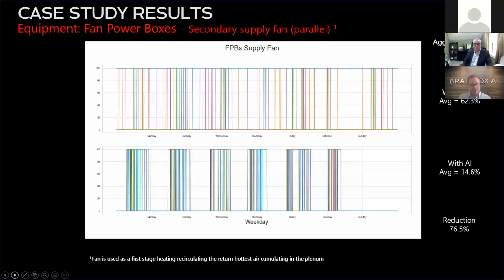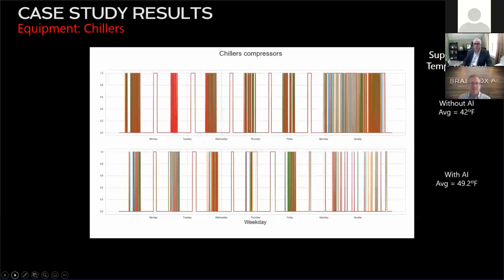If I know that they need to be 6 to 6, BrainBox AI sticks to 6 to 6, and makes sure that by 6 a.m. it's warm enough or cold enough, and has the temperature. So it really changed the way the system optimized and reduced the overall runtime, which automatically reduces energy consumption of the space. In this example, it was a 76% reduction.